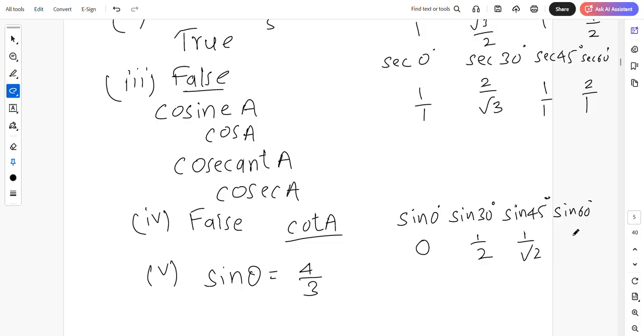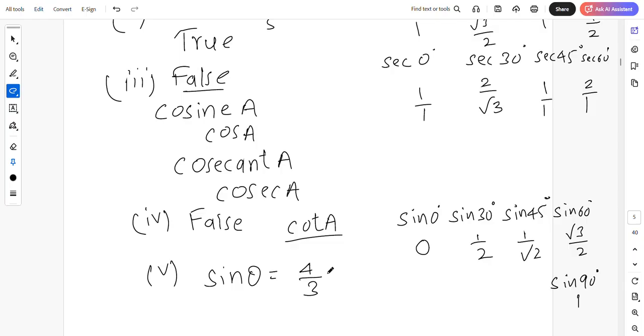Sine 60 is root 3 by 2. You're observing here that the value of sine is increasing from 0 to 1. Sine 90 is 1. The value of sine theta increases from 0 to 1.